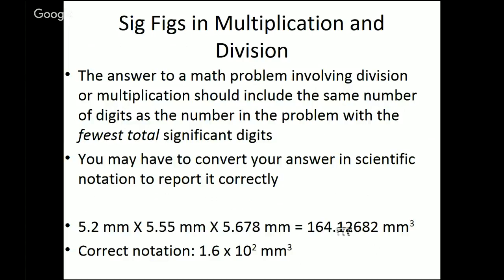But if you use scientific notation, it'll work out. So here's how you would report the answer. You could say 1.6 times 10 to the 2, and then your unit here is millimeters cubed. Okay, so now you're only reporting 2 sig figs, and it matches. So the total number of sig figs is going to match, not just what's to the right of the decimal point.